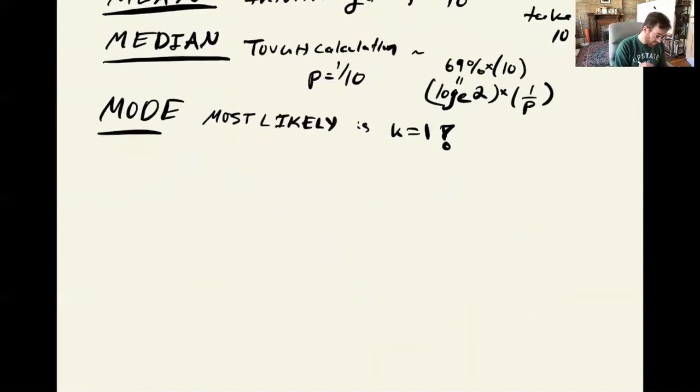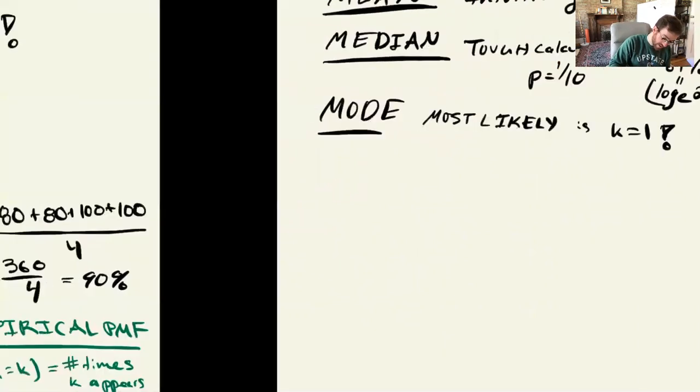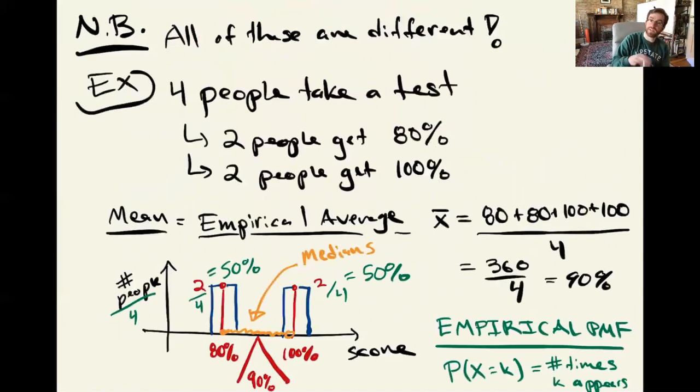And let me just remark that in my last example, where I had 4 people taking a test, 2 people got 80s, 2 people got 100s, I kind of talked through this and turned it from a histogram into a probability distribution, or specifically it looked like the probability mass function.